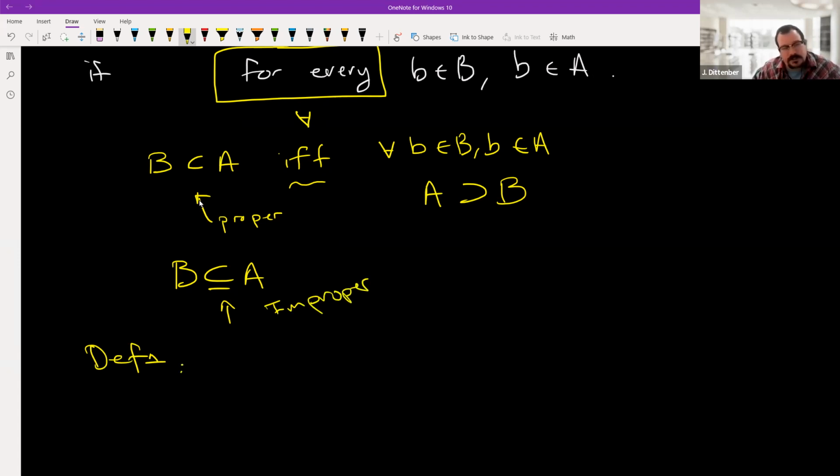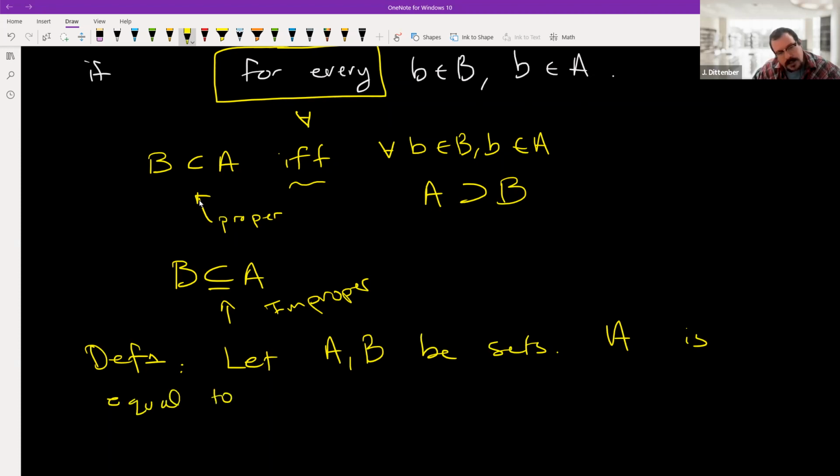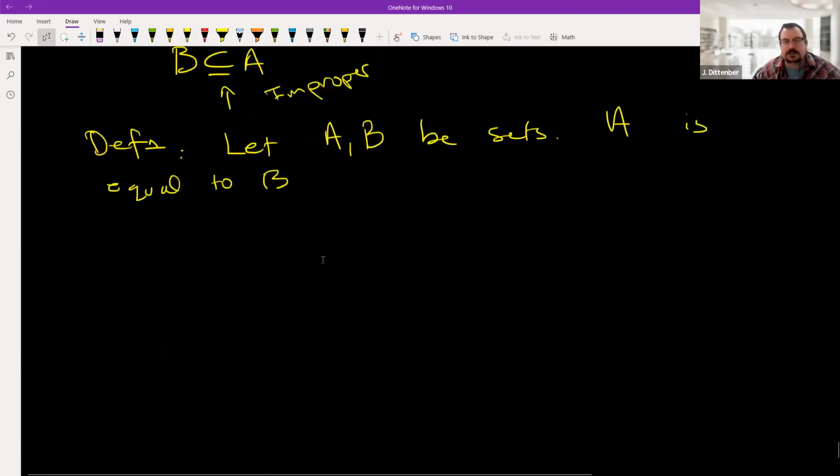So definition, we'll say let A and B be sets. A is equal to B. And this also is going to tell us how can we prove two sets are equal, which we might often have to do.